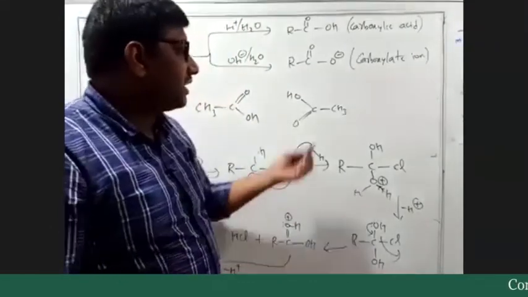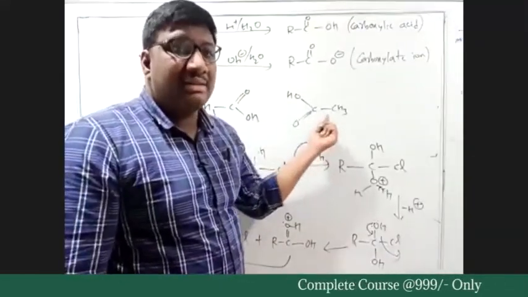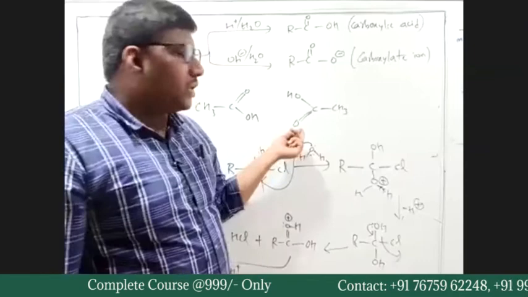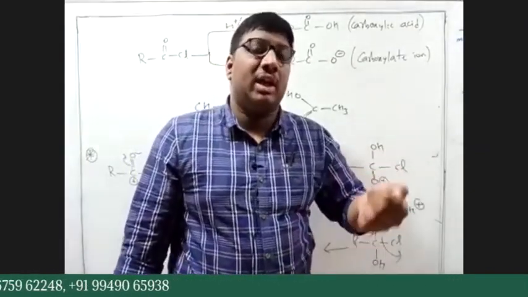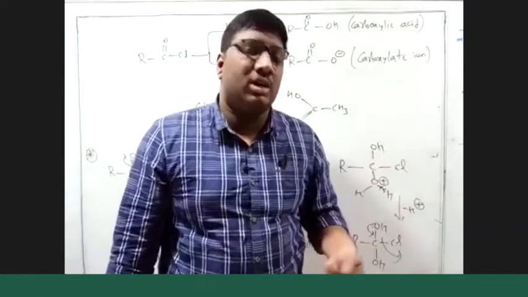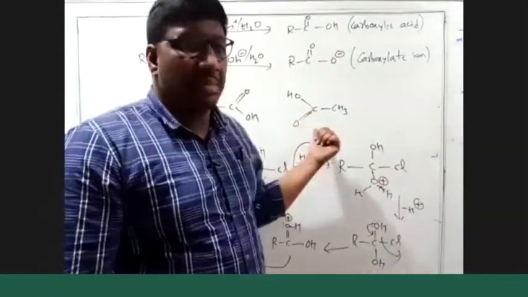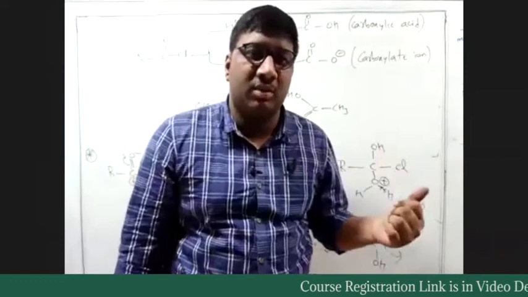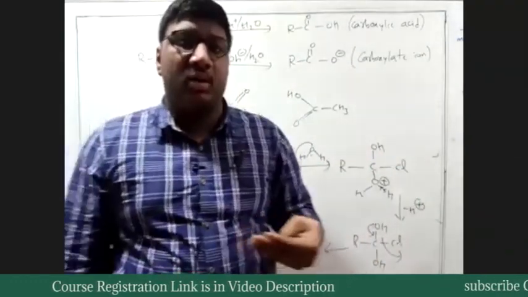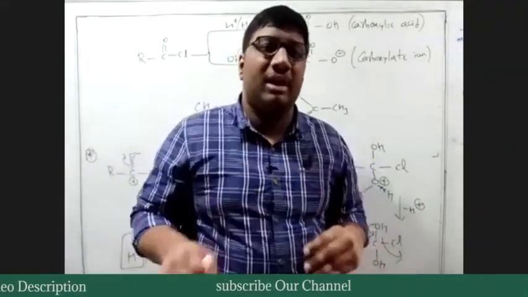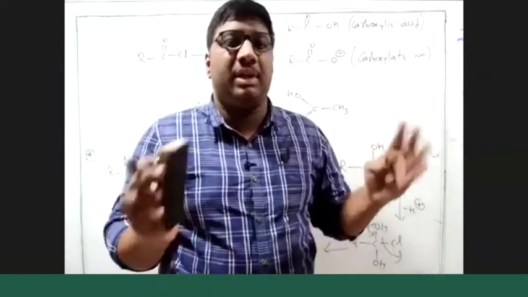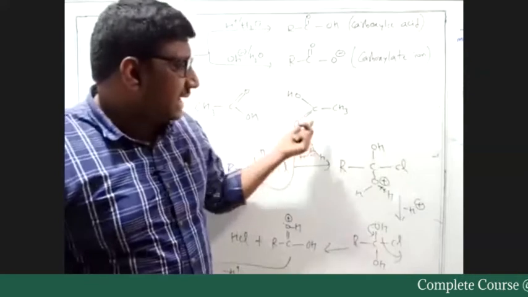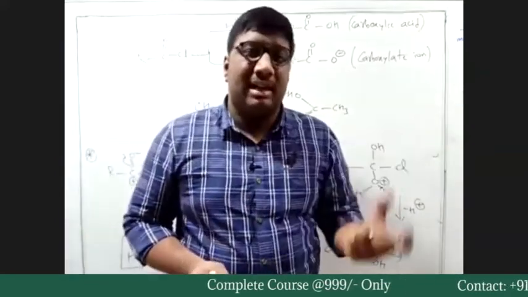We have a C double bond O group, in the sense we have a sigma and pi bond. Pi bond is comparatively less strong when compared to sigma bond. Sigma bond is formed by axial overlap, that is, overlap along the axis, whereas pi bond is a perpendicular, sideways overlap. So that pi bond is less strong.